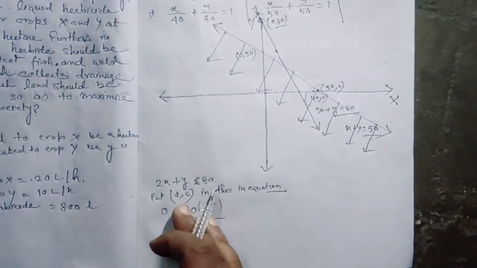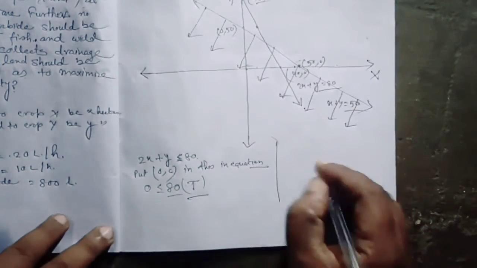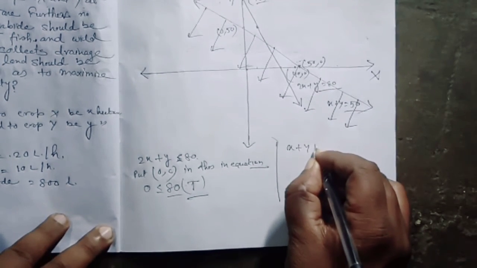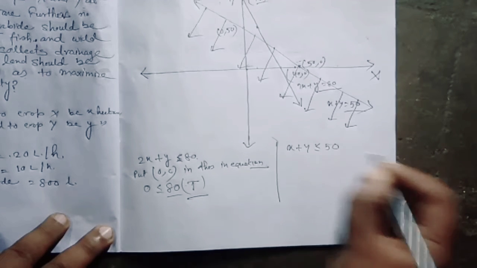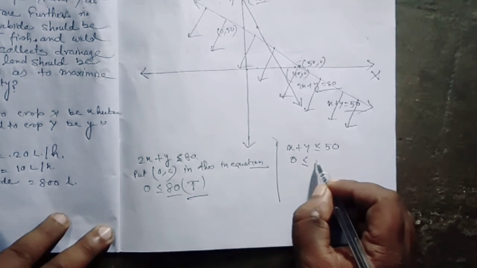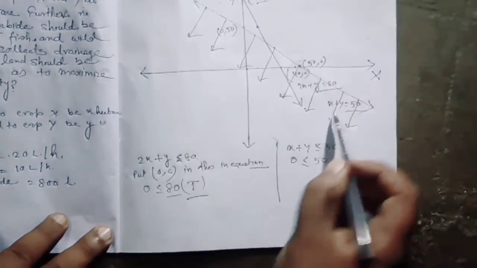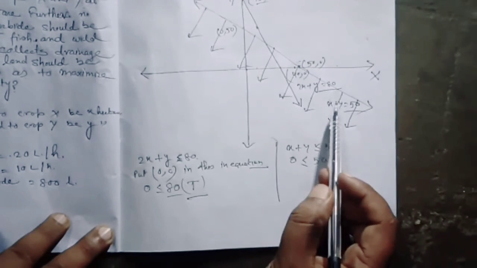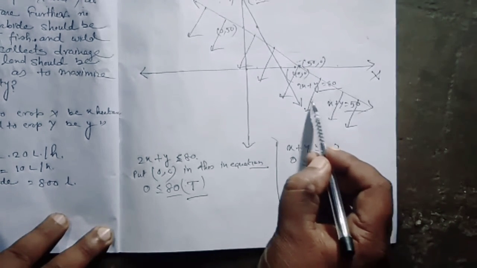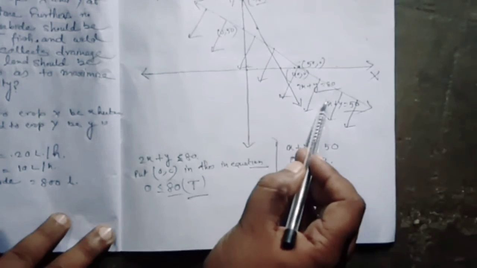And again I am taking x plus y less than or equal to 50, putting 0 comma 0, we get 0 less than or equal to 50, that is also obvious. This is for this straight line.